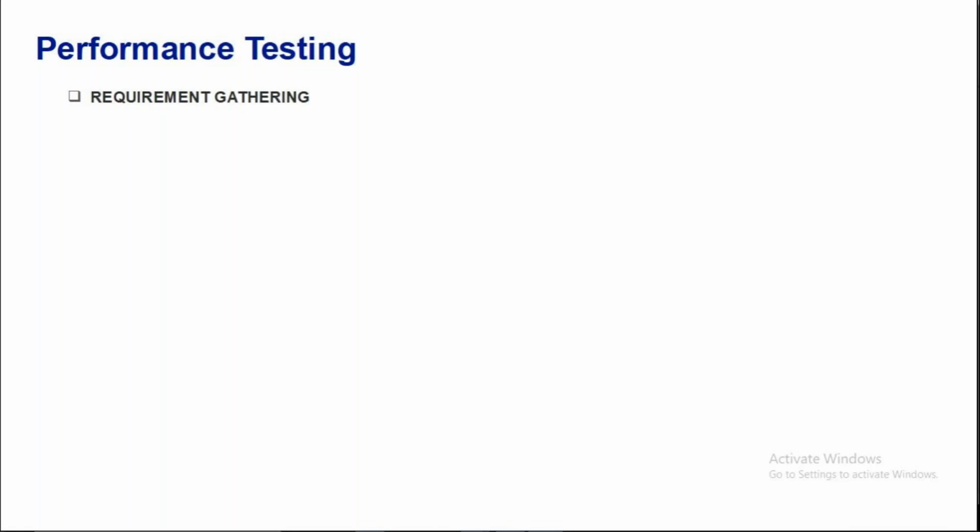As the name suggests, we are gathering requirements. Yesterday I was telling you the requirements can be of two types: functional and non-functional. Clear? So non-functional is my non-functional requirement, or NFRs. We normally call them NFRs.